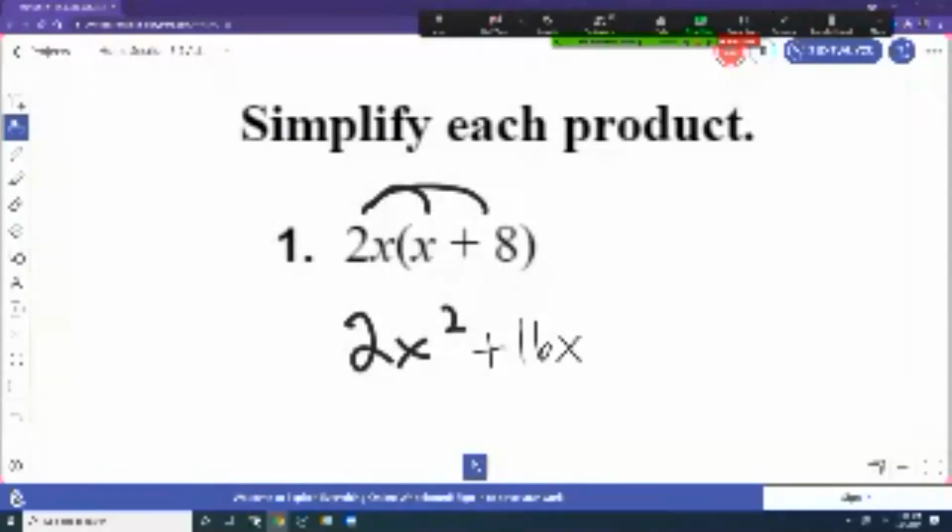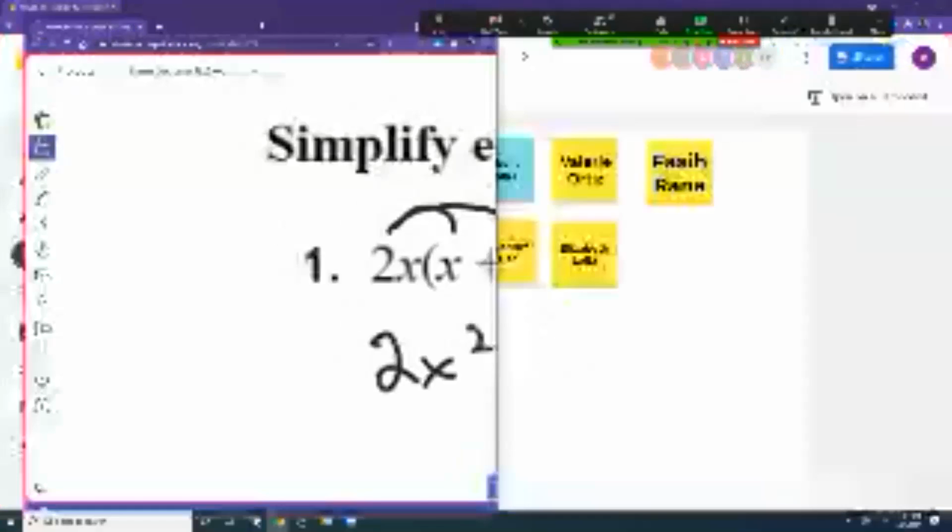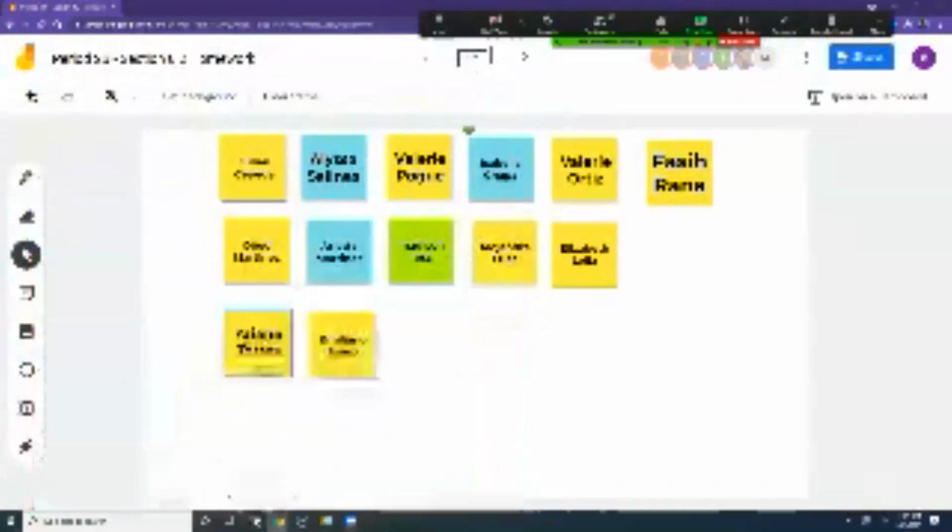Okay, once you've uploaded and you've let me know, you are free to go. Just make sure that you're able to place the message on the Jamboard before you leave, because we're going to be using the Jamboard. Yes, you need to put a sticky.